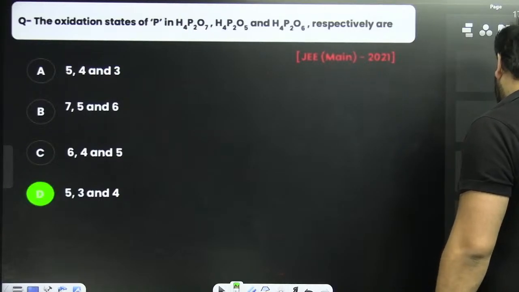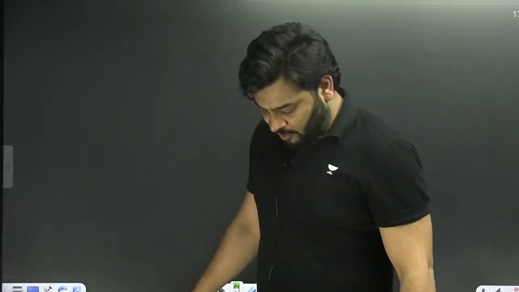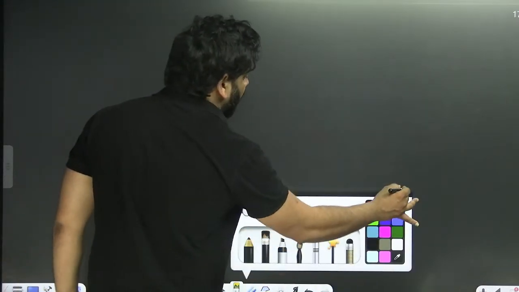Now I must give you the idea of where you can find the peroxy bond and the like. So guys, I have a very amazing trick for all of you.